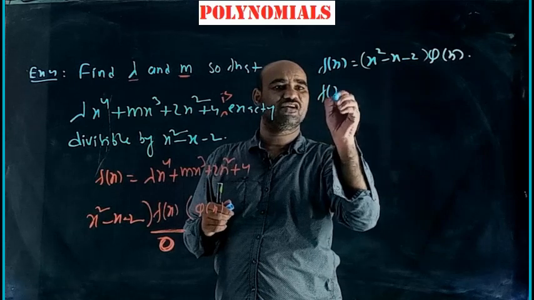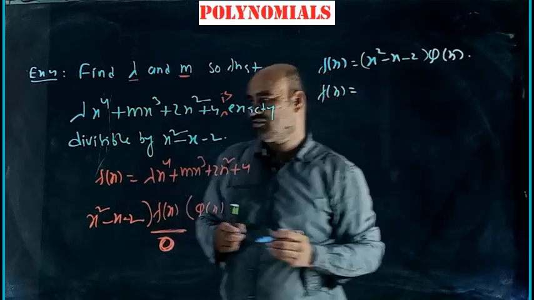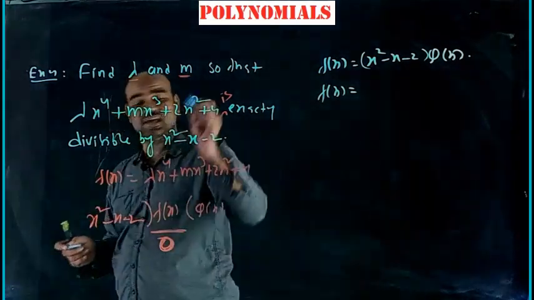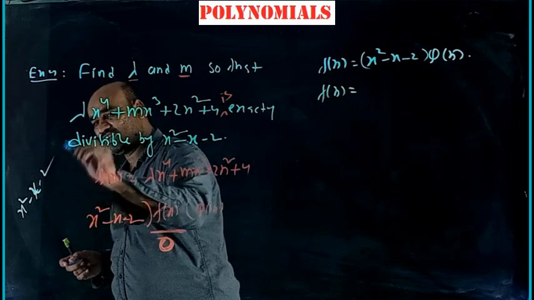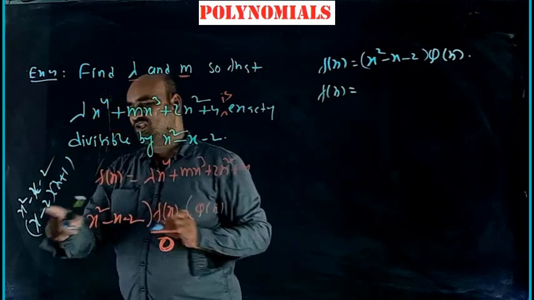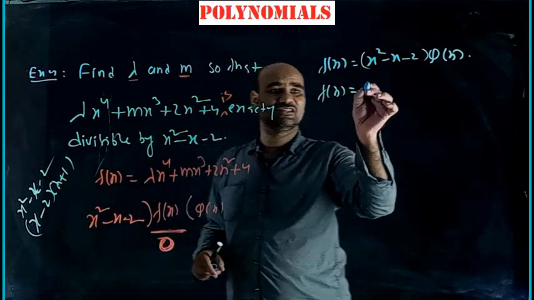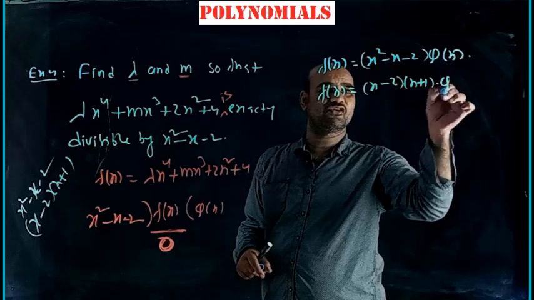Okay. F of x is equal to, so now I want to factorize this second degree, no? So I want to factorize here, x square minus x minus 2, which is nothing but x minus 2 into x plus 1. Observe here, x minus 2, x plus 1 only. So indirectly this is x minus 2 into x plus 1 into q of x.